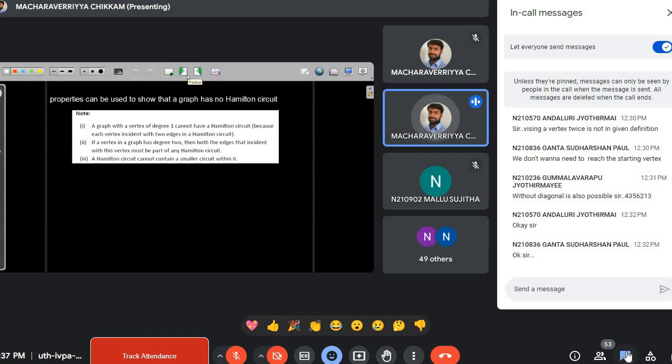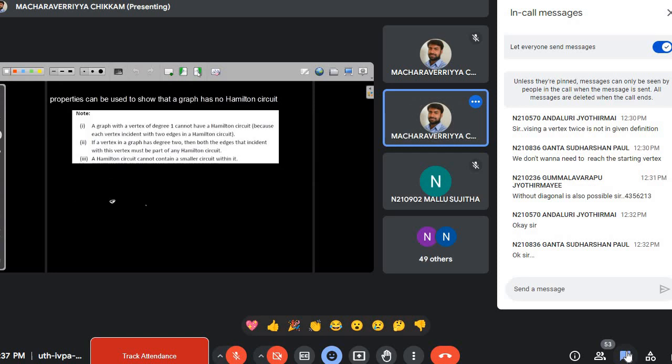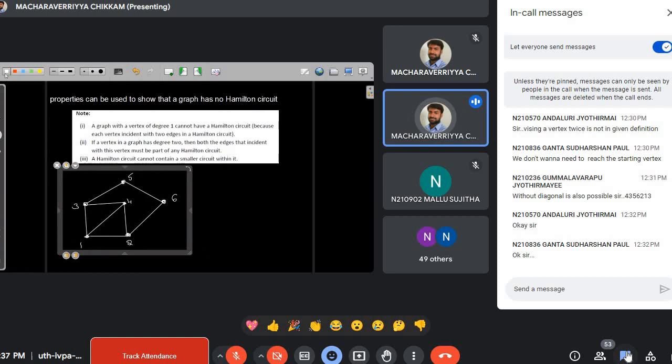And one more thing they are saying: if you have a vertex of the graph of degree 2, then both the edges incident with it must be included in the Hamilton circuit. For example, you have a graph like this. Let me take the previous example. Let's see what are the degree 2 vertices.